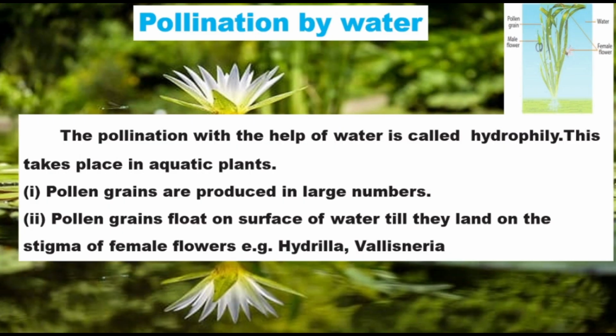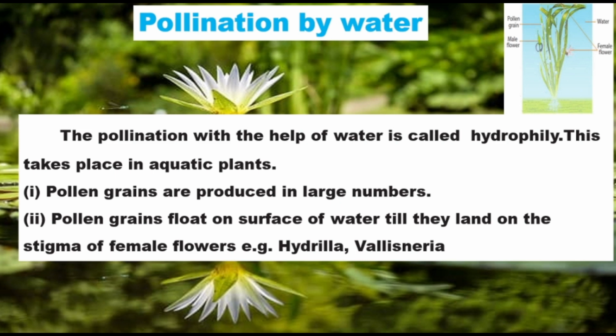Pollination by water is called hydrophily. It means the pollination is carried out by the water, and this takes place in aquatic plants.